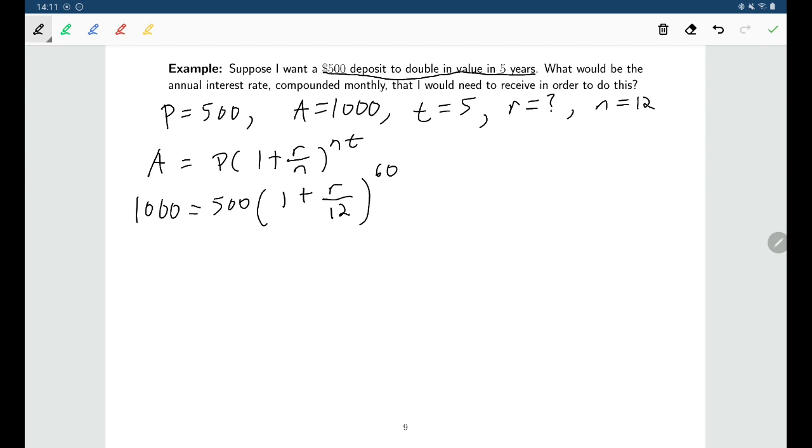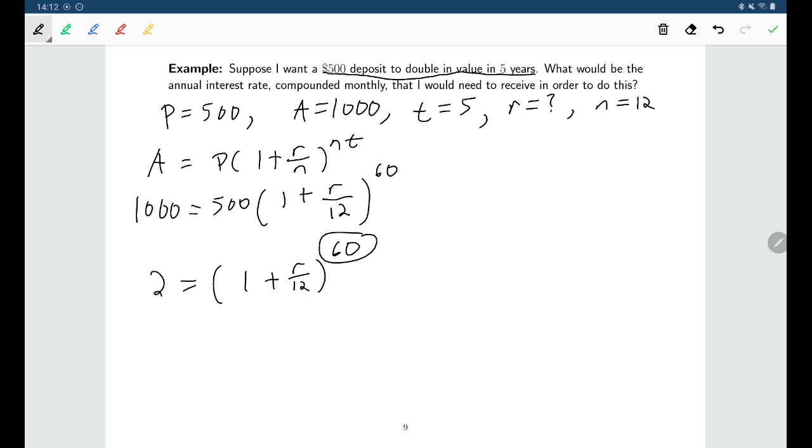Okay, so now I just need to solve this for r. First thing that I'll do is divide both sides of this equation by 500. So when I do that, on the left side I'll have 2, and on the right side I'll just have 1 plus r over 12 to the power of 60. Okay, so I'd like to solve for this, and so what I'll be doing is taking the 60th root, because of course if this were a square, you would take a square root.